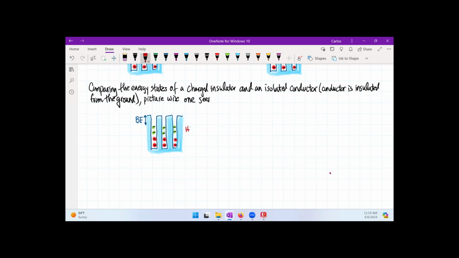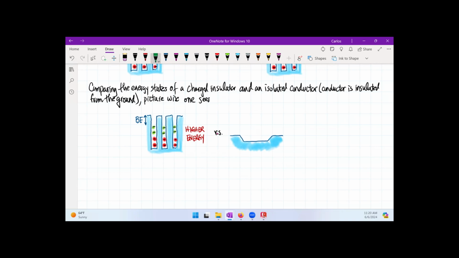Now I need to compare this to my conductor. Again, this is the forbidden region, and we saw that there was a single effective potential.